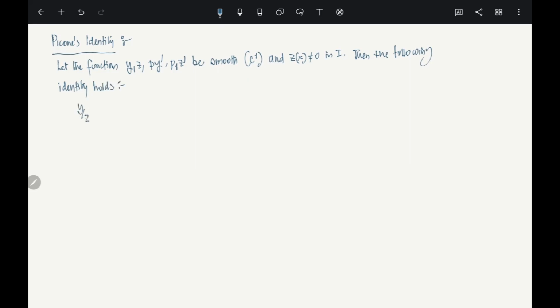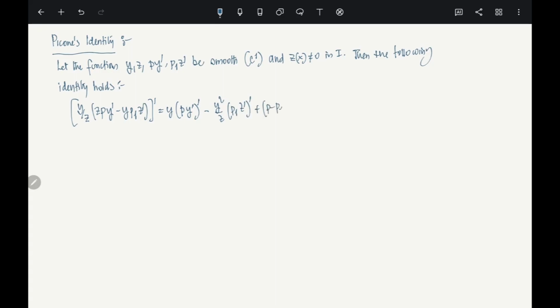It says (y by z, z p y prime minus y p1 z prime) whole prime is y p y prime whole prime minus y square by z p1 z prime whole prime plus, minus y by z z prime whole prime. Now, please understand there is nothing to understand in this. This is just some technical identity, but it is very, very useful to prove theorems. That's what we are doing.